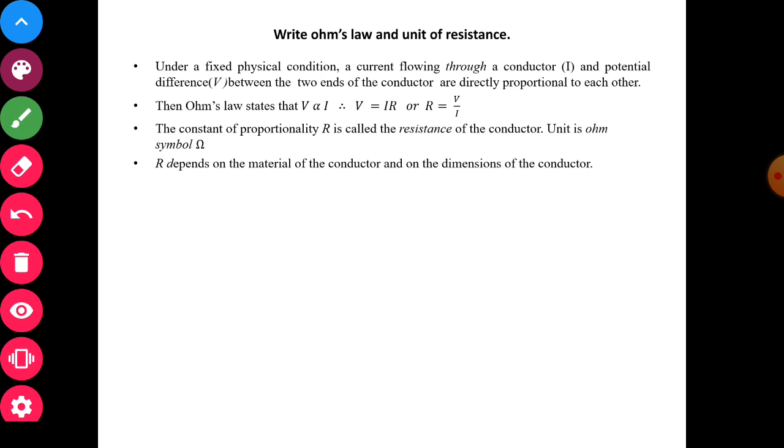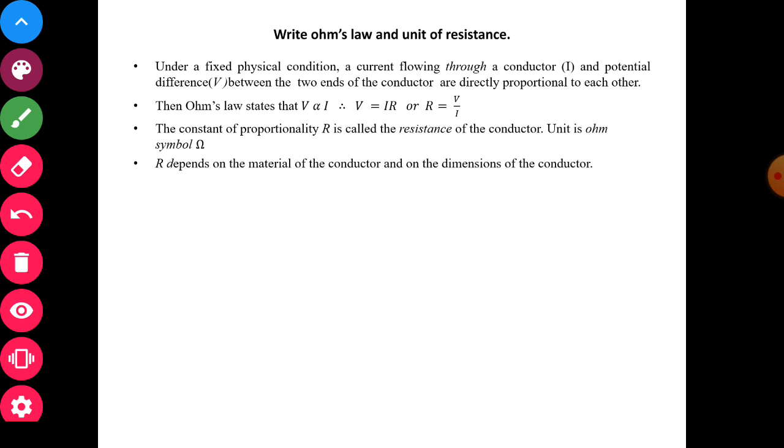R depends on the material of the conductor and on the dimensions of the conductor. Here R depends on which type of material you are using.